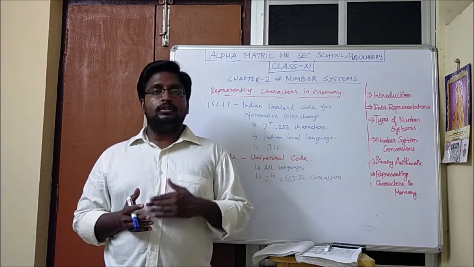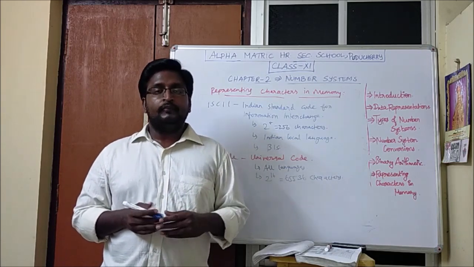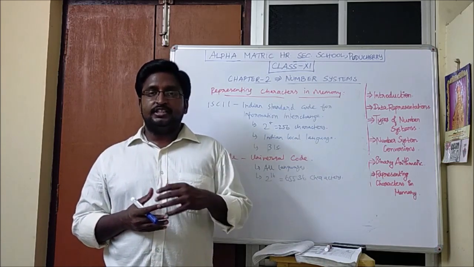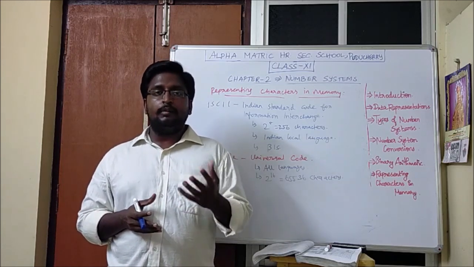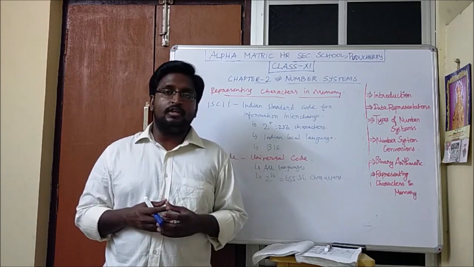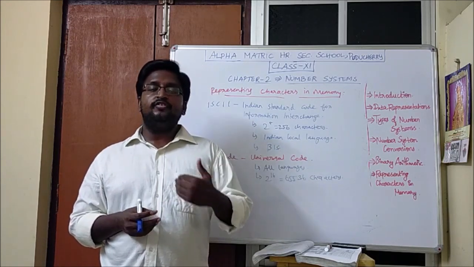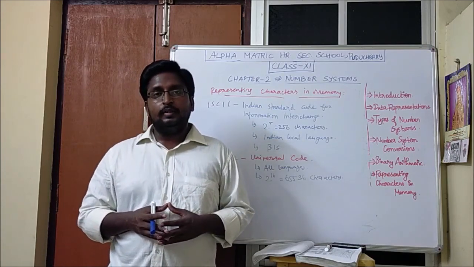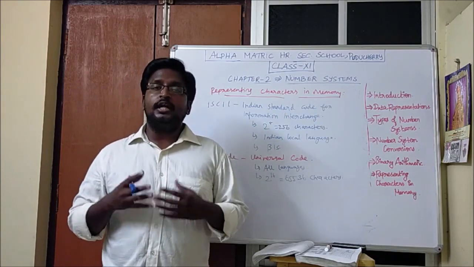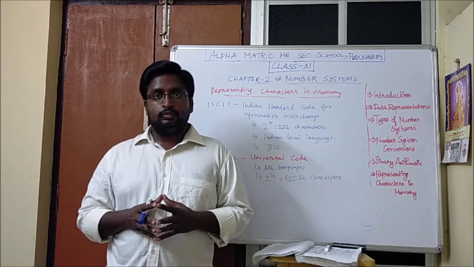We also saw ones complement, twos complement, signed magnitude representation, binary addition and subtraction, and lastly the various coding schemes available to represent characters in computer memory. Next we will see part 2, the Boolean algebra concept of chapter 2.